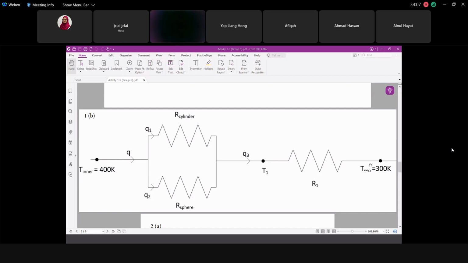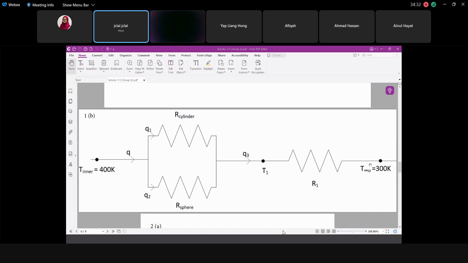Basically, we divide the thing into parallel. Just like, let's go back to the concept of electrical circuit, right? So when it reaches that part, it is divided into two parts, sphere and cylinder, right?